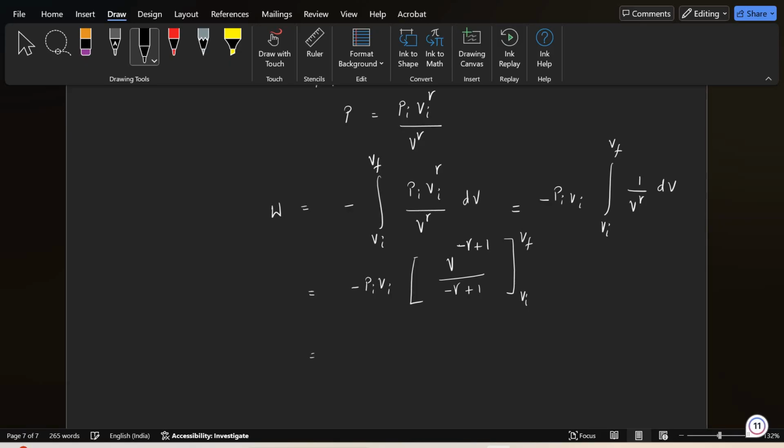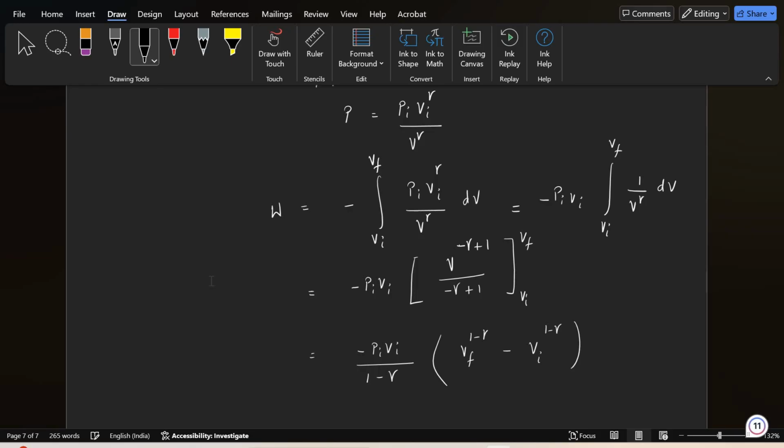So what I'll do is change it up: minus PI VI to the power gamma divided by 1 minus gamma, times VF to the power 1 minus gamma minus VI to the power 1 minus gamma.